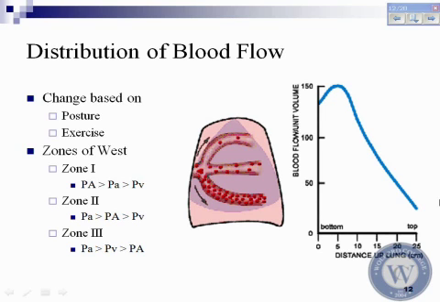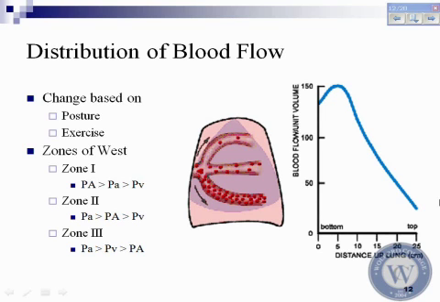If I flip you upside down, in other words, put your head down and hang you by your feet, then zone 1 would be at the base, zone 2 in the middle, and zone 3 at the apex of the lung, upside down. So this description is based on gravity, and the position is based on where blood flow is going to be.